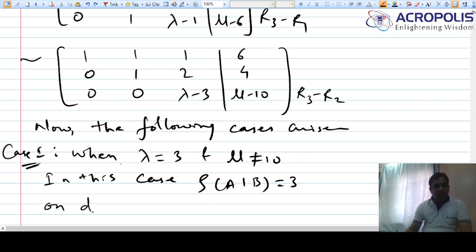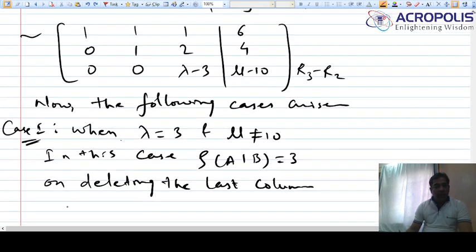And if we delete the last column, then we will find rank of A is equal to 2.